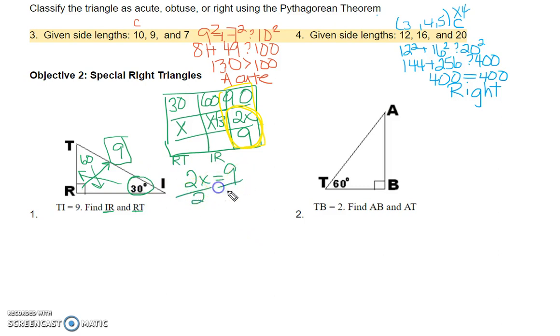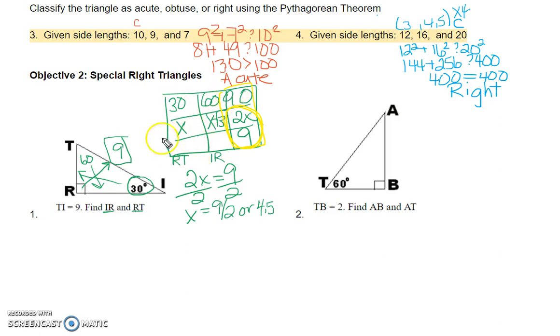And then I solve for x. If I divide both sides by 2, x is equal to 9 over 2, or you could have 4.5 as the decimal. Now I just use substitution. I'm going to replace x with the value I solved for.